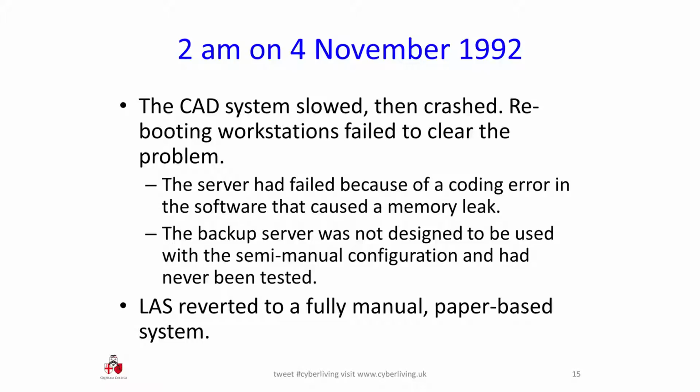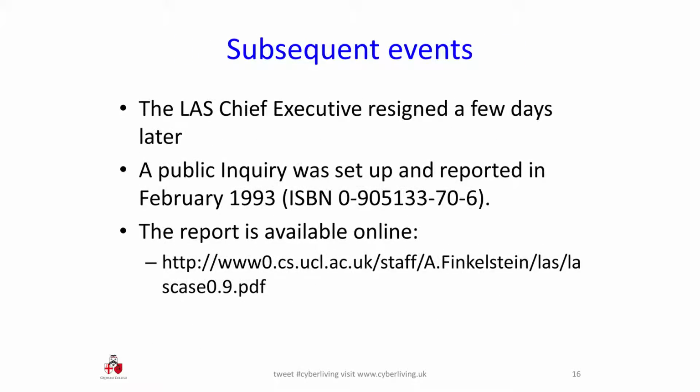The backup server couldn't be used because it was configured for the automatic system, not for the semi-manual system. It didn't know about the printers. It had never been tested, in fact, for either system because of the hurry that they'd been in. And so on the 4th of November, they went back to a fully manual system. That was, of course, a massive admission of failure, and the chief executive of the London Ambulance Service was forced to resign.